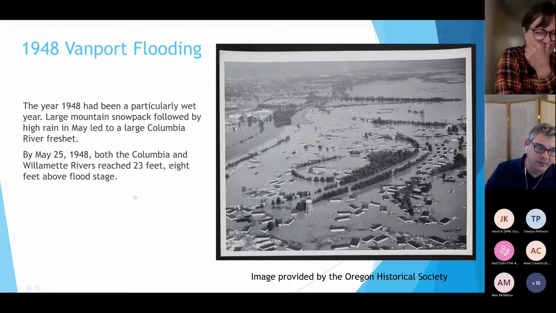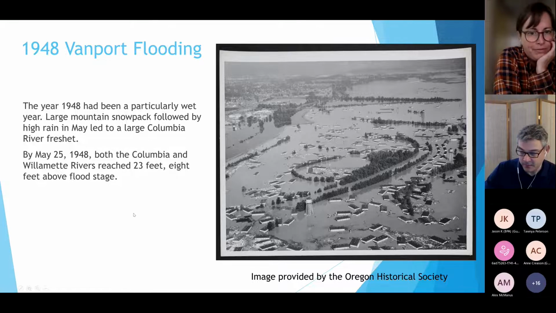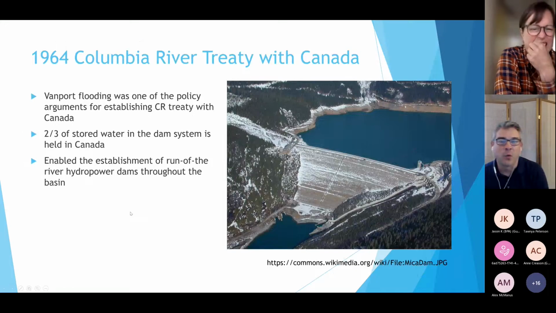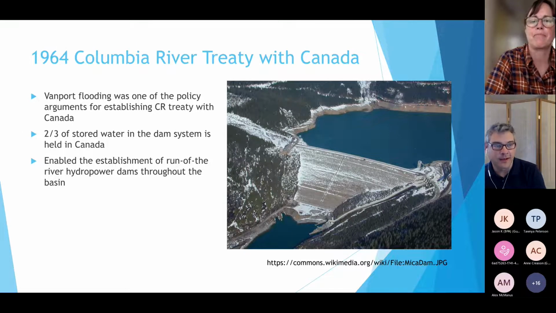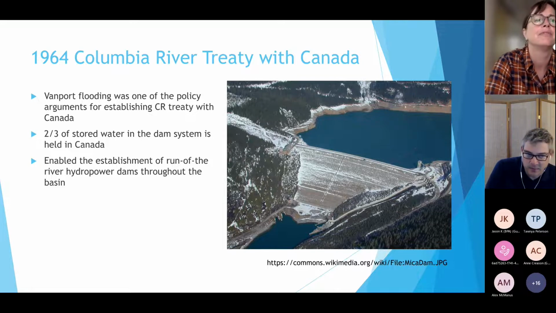By May 25th, 1948, both the Columbia and Willamette rivers reached 23 feet, 8 feet above flood stage. So that was a historic event. It was one of the policy arguments for establishing the Columbia River Treaty, where 2/3 of the water stored in the dam system is held in Canada.